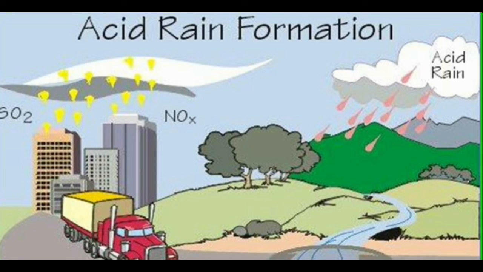Though it is dilute in nature, yet when it comes down, it destroys vegetation. It also has adverse effects on monuments. And the changes in the environment also cause the melting of polar ice and rising sea levels.